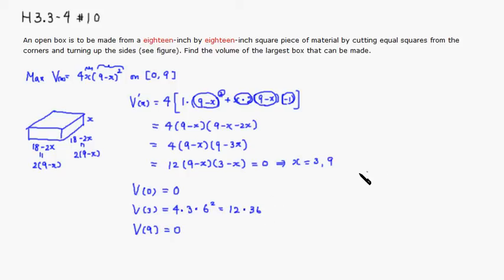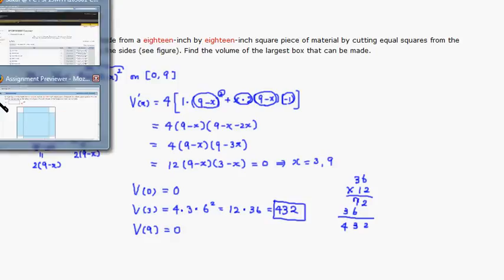What's 36 times 12? 2 times 6 is 12, 2 times 3 is 6, so 72. And 1 times 6 is 6, 1 times 3 is 3. So it's going to be 432. So this is going to be the maximum volume.